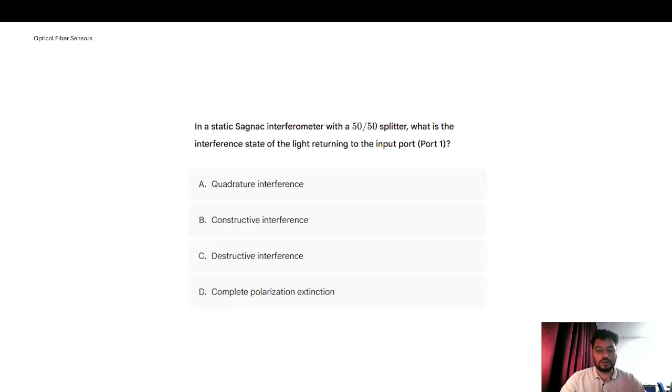Option A is quadrature interference, option B is constructive interference, option C is destructive interference, and option D is complete polarization extinction.